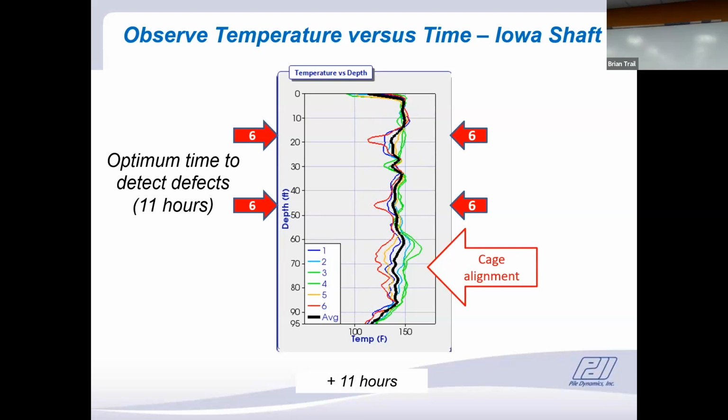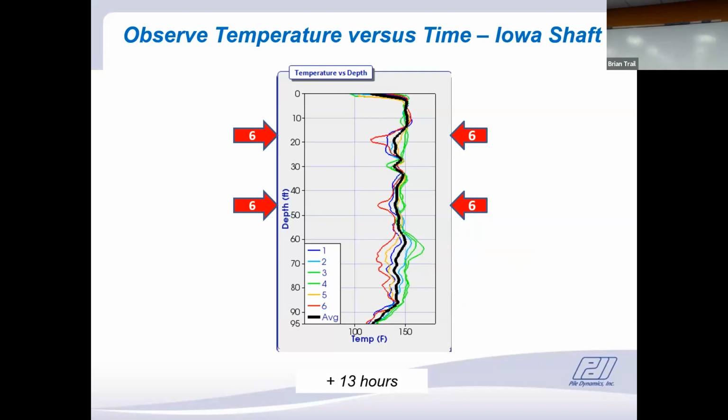Down here, we have a cage alignment problem. You can see that some of them are higher and some of them are lower, so we have a balance there. If the cage gets shifted off center, then one gets closer to the center of the shaft where it's hotter, and one gets closer to the soil where it's cooler. So that's an indication of cage shift down there.